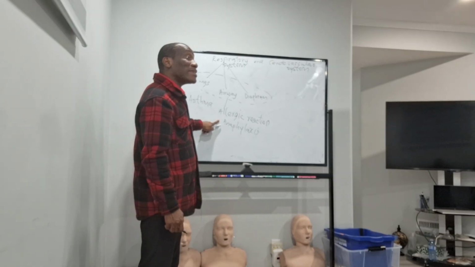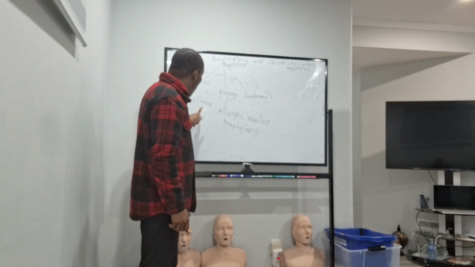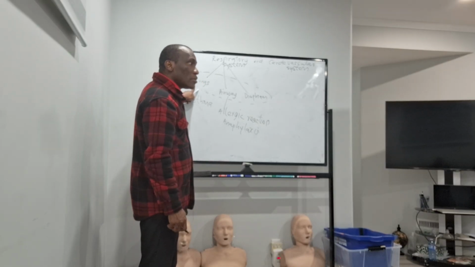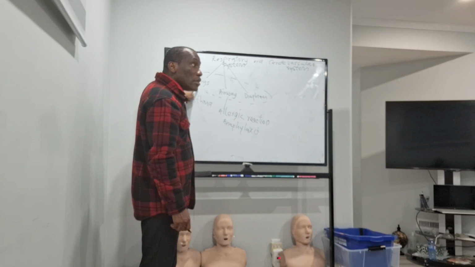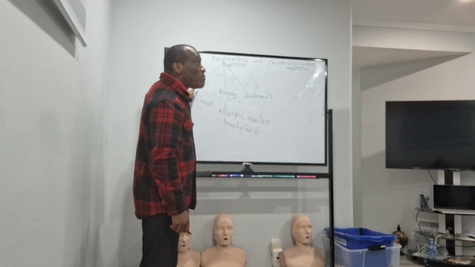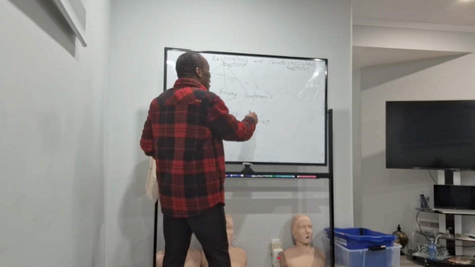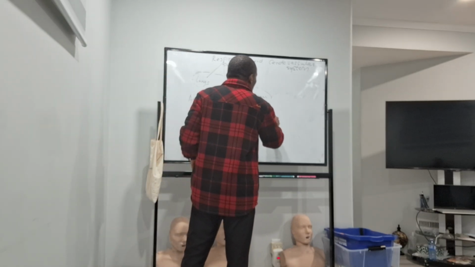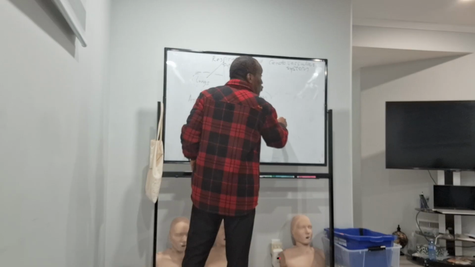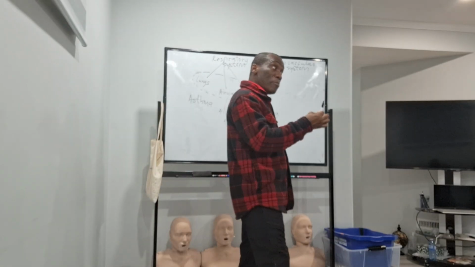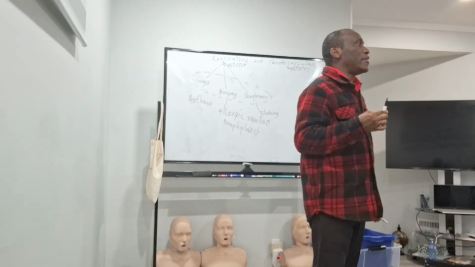When you talk about respiratory arrest, it means the lungs have collapsed, the lungs are disabled from functioning. Another one is choking. When people choke on food, remember that choking is airway obstruction by a foreign object.